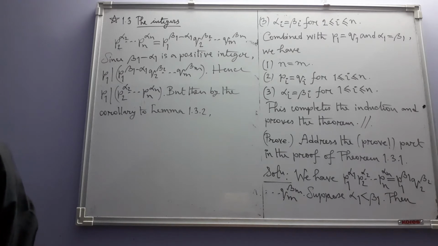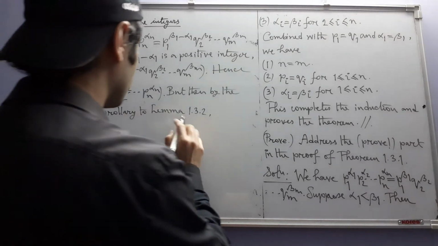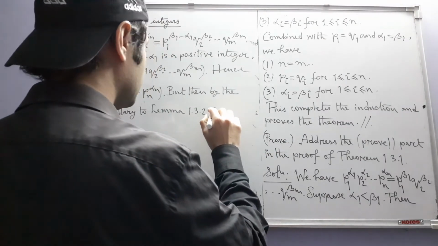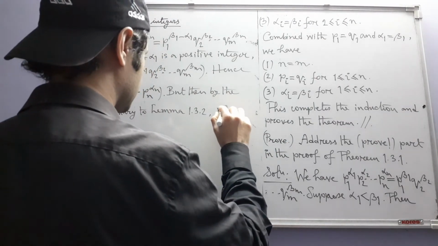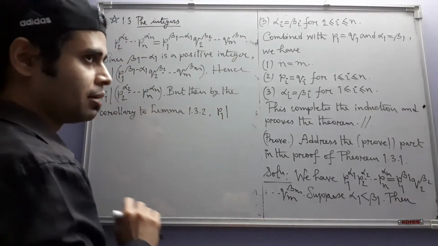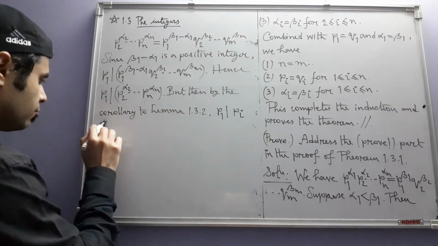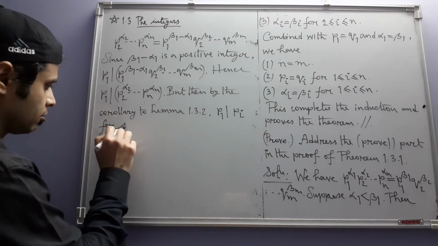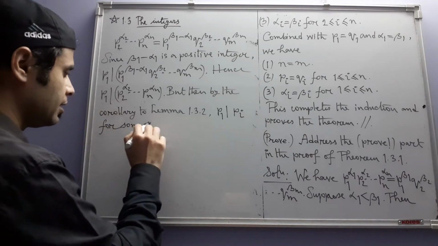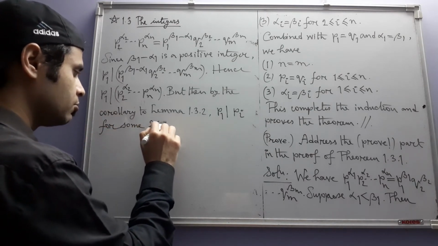Lemma 132, yes. Corollary to lemma 132. P1 divides one of these primes, Pi, for some I lying between 2 and n.